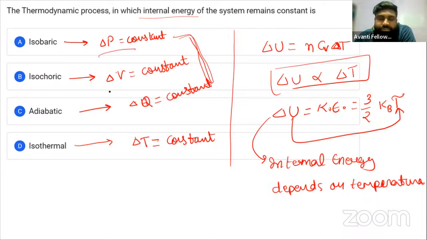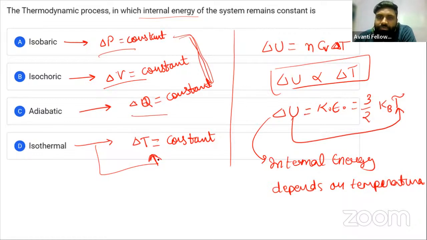Here the pressure is not changing, in isochoric volume is not changing, in adiabatic heat transfer is not changing, but we cannot say anything about the temperature, whether it is changing or not. But in the isothermal process, we specifically focus on the change in temperature, and in this process the temperature is not changing.